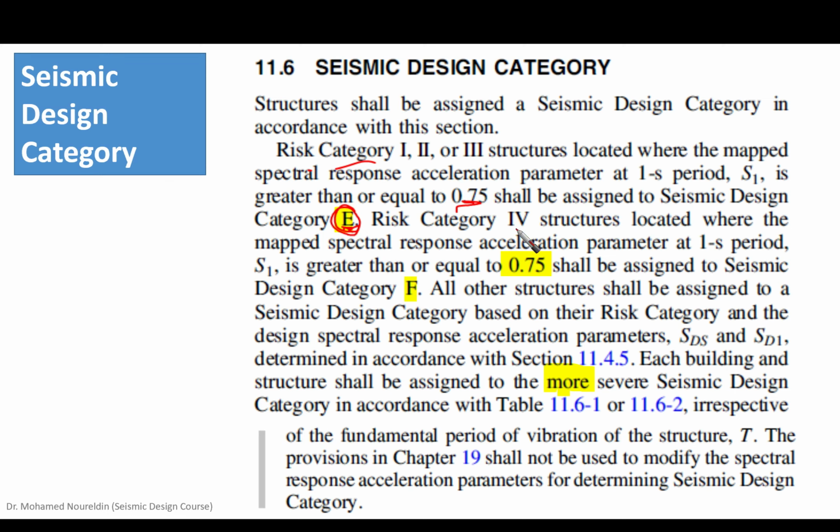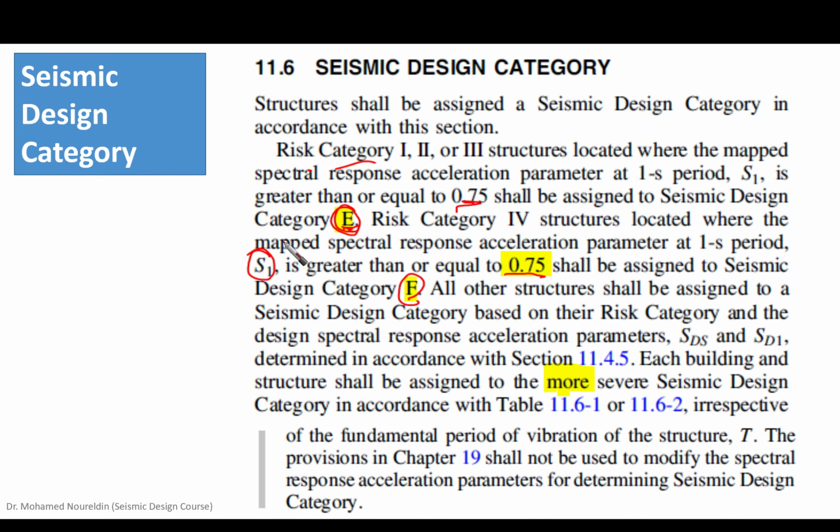And risk category 4 structures located where the mapped spectral response acceleration parameter at 1 second period, S1, is greater than or equal to 0.75 shall be assigned to seismic design category F. Take care, we're talking about S1 directly here.